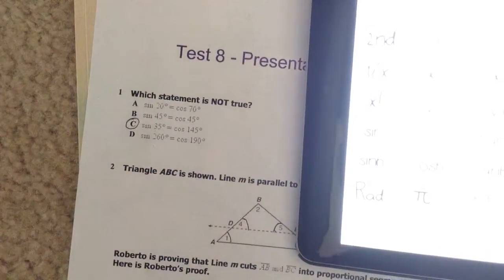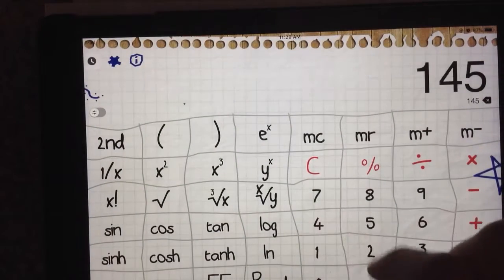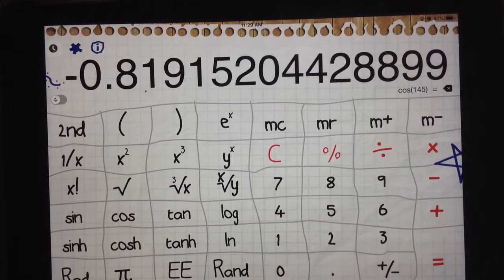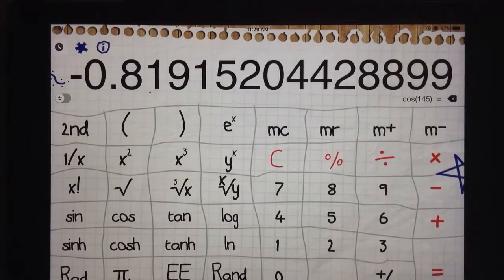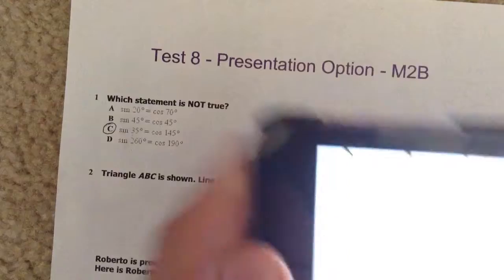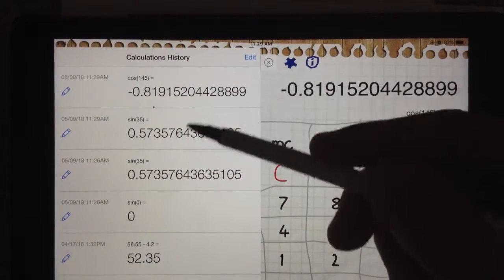And then cosine 145, let's see, cosine 145 equals negative 0.819152, and so on. Obviously, this does not equal that.